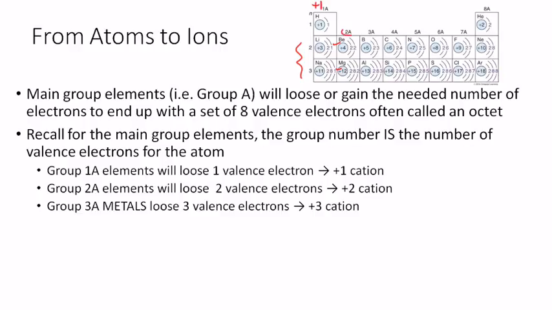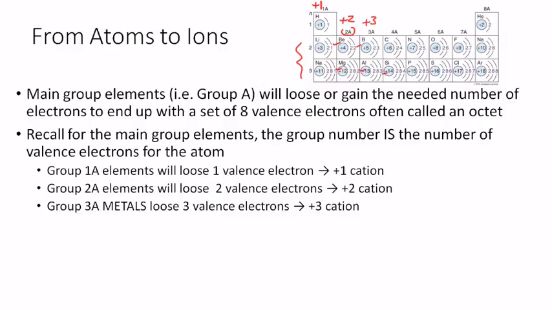Over here, the 2A kick off their 2 valence electrons, and now they have 2 fewer electrons than protons in their nucleus, and now they are a +2. Beginning with aluminum, because boron's not a metal, but beginning with aluminum and downwards in this group, it will kick off its 3 valence electrons, and now it will be a +3.